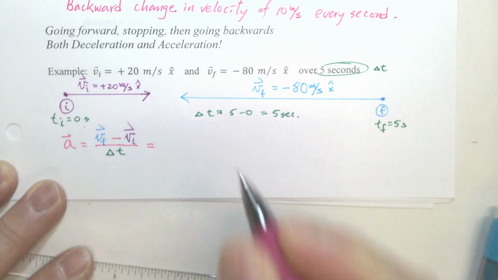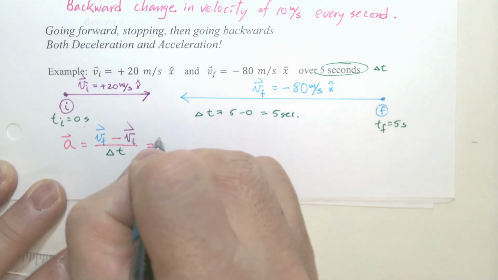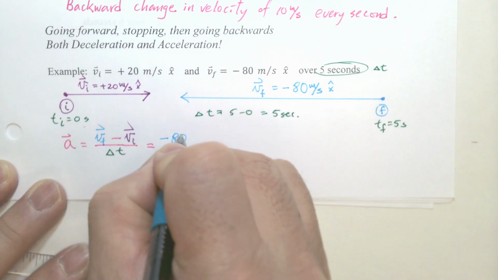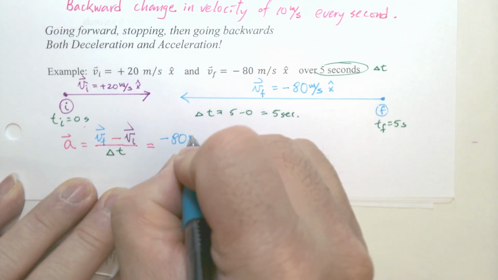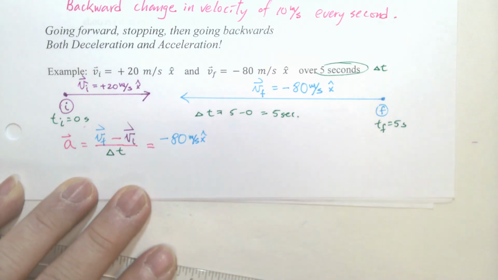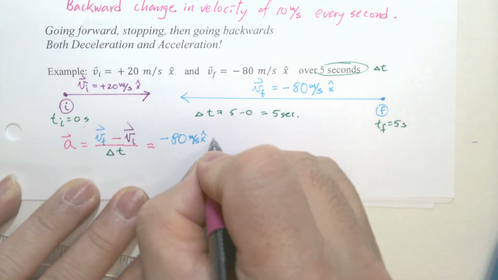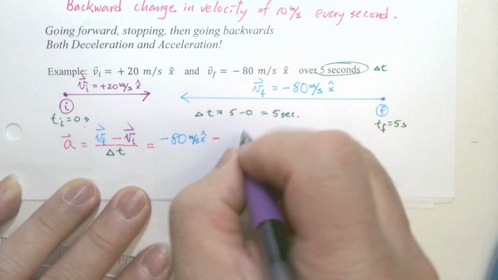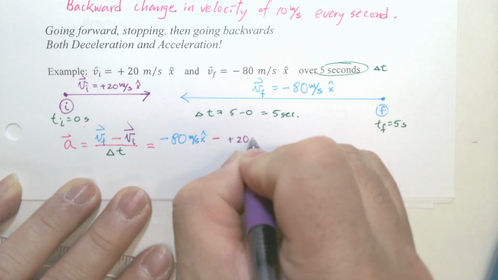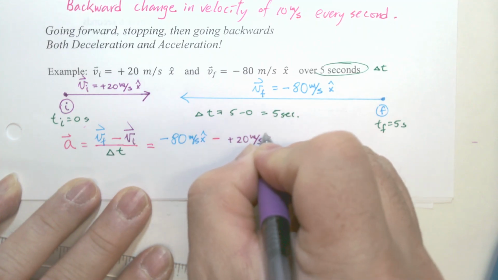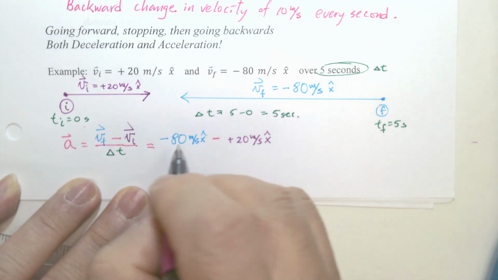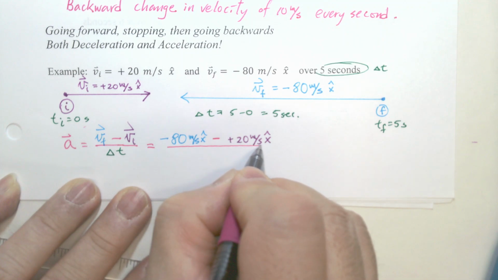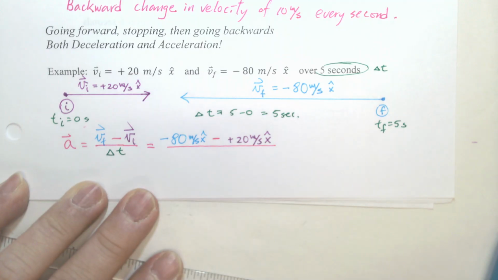Therefore, my V final happens to be negative 80 meters per second x hat, minus positive 20 meters per second x hat, whole thing over 5 seconds.